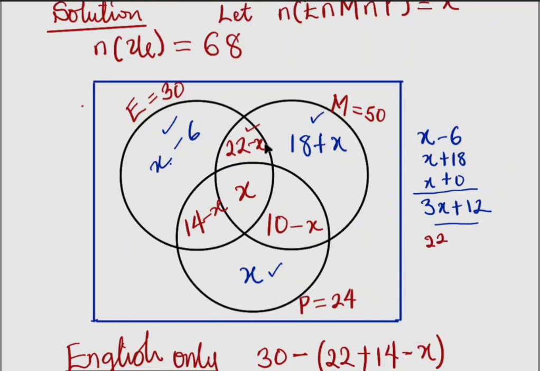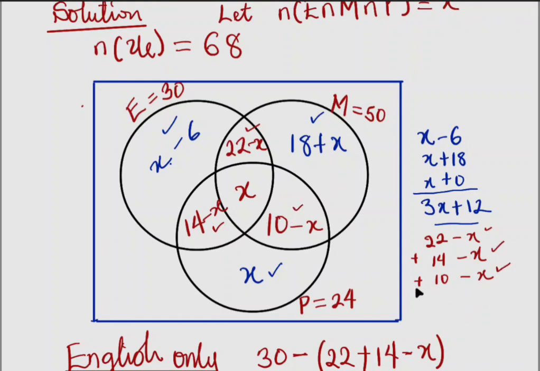Let's write it out: 22 minus x plus another 14 minus x plus another 10 minus x. That is, we are picking this 22 minus x here, 14 minus x here, then 10 minus x.